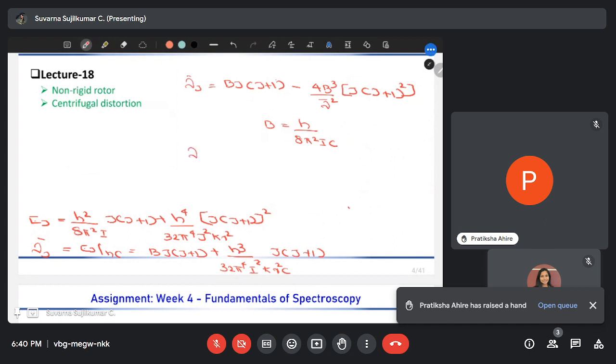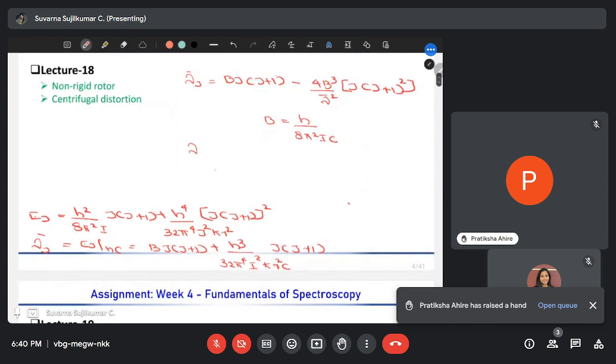We can write that d is equal to 4b cube by nu bar square. Now the expression will be Bj into (j plus 1) minus d into j into (j plus 1) the whole square.